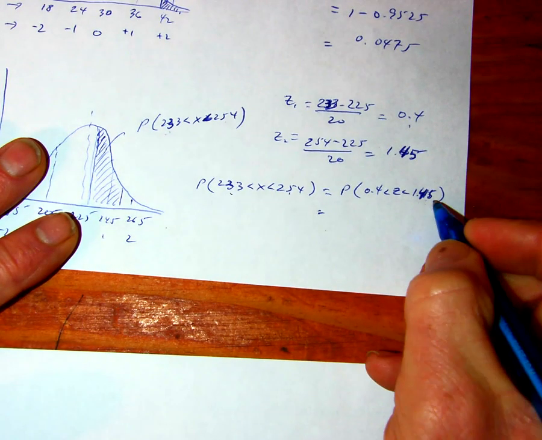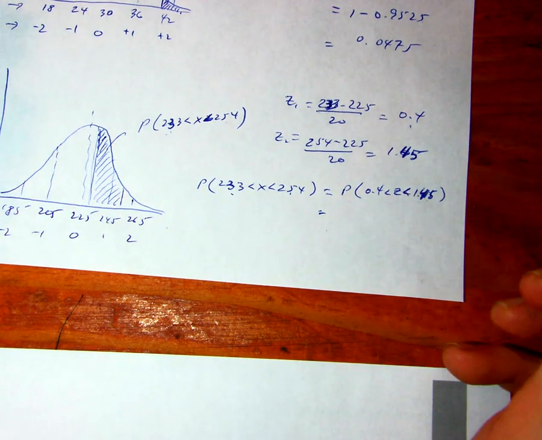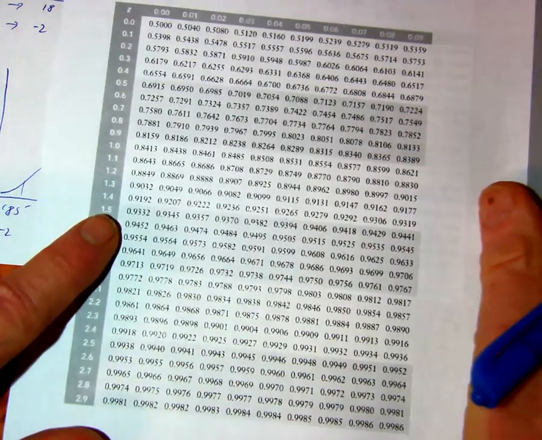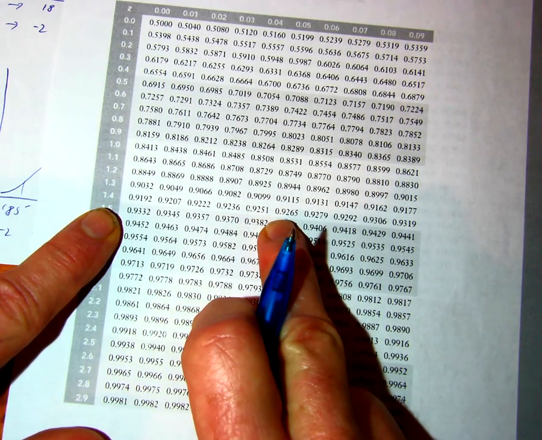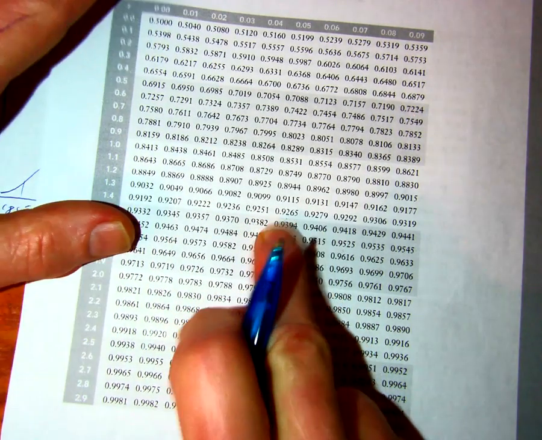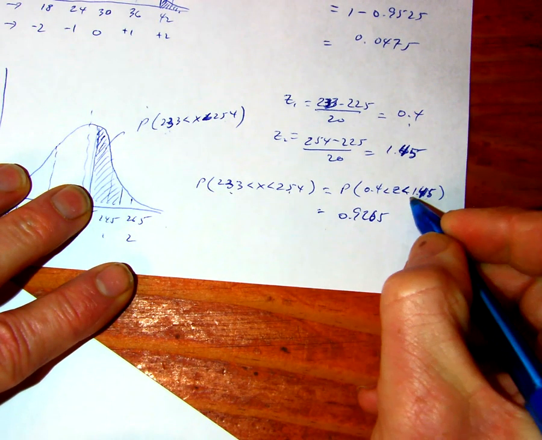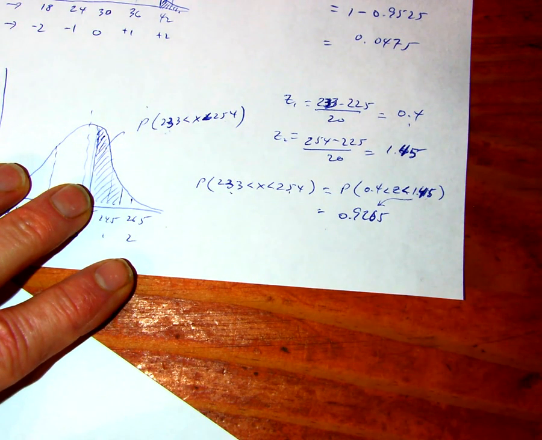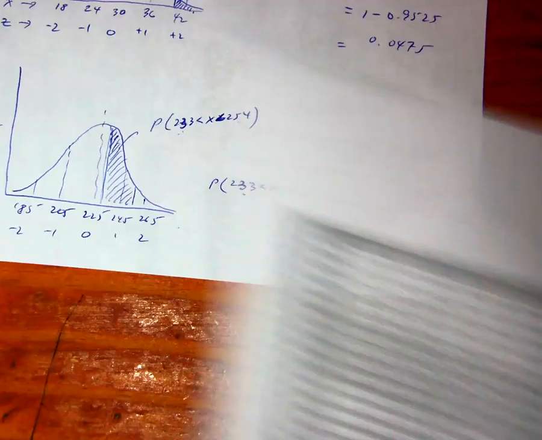So what is the probability of getting a z-score up to 1.45? It's 0.9265, right? That corresponds to this. And then we subtract the lower limit, which is 0.4.